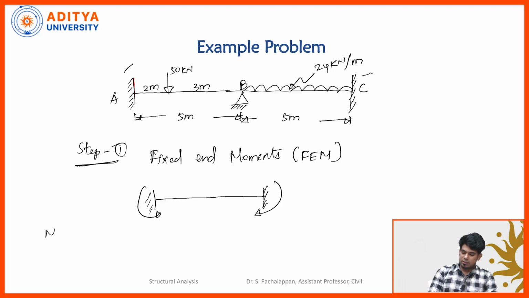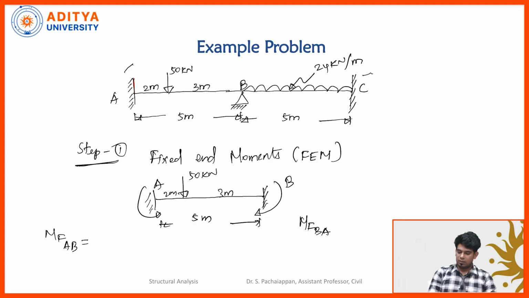Let us write this as MFAB and this as MFBA. This is A and this is B. What is the loading here? The loading is 50 kilonewton, this is 2 meters and this is 3 meters, overall span is 5 meters. These are simple formulas we are going to substitute. Its moment direction is anti-clockwise, so I need to consider a minus sign, and the formula is W A B square by L square.